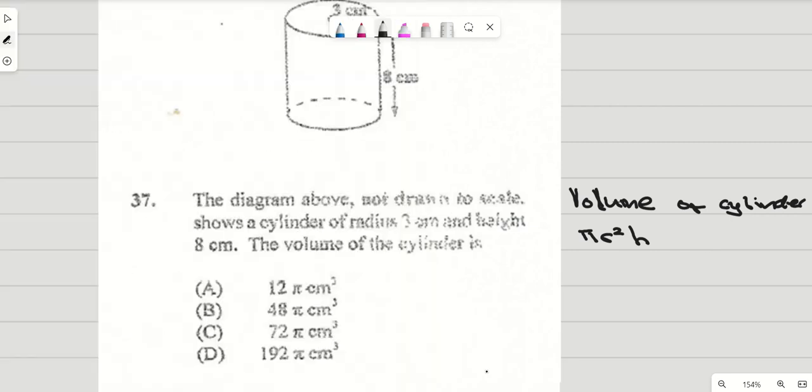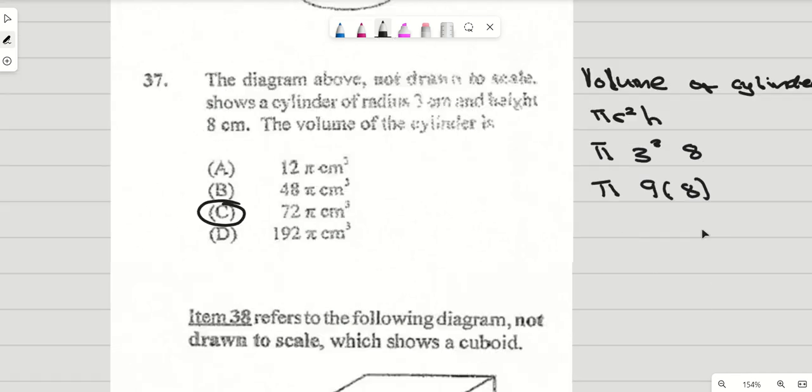Now we know that their height is 8 and your radius is 3, so this is pi by 3 squared by height, which is 8. So that is pi, 3 squared is 9, multiplied by 8, 9 8s are 72. So your answer would be C, 72 pi centimeters squared.